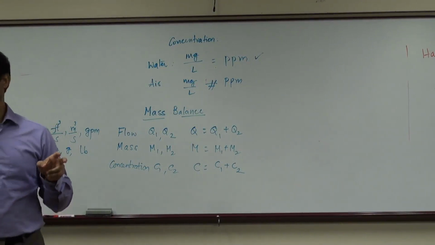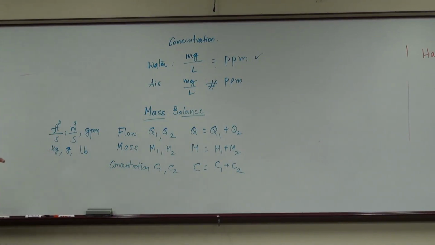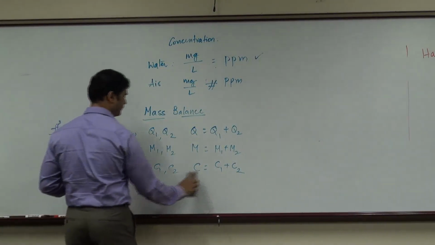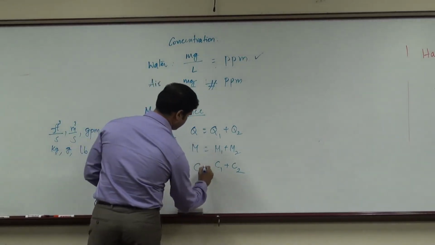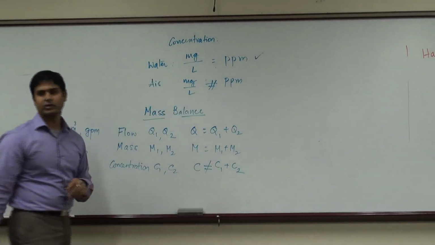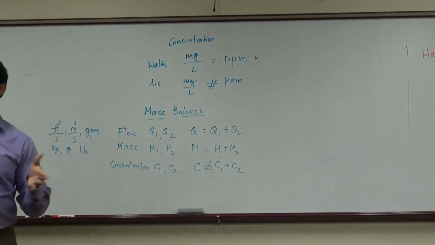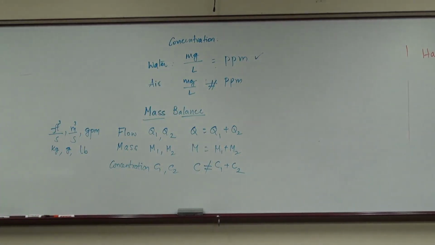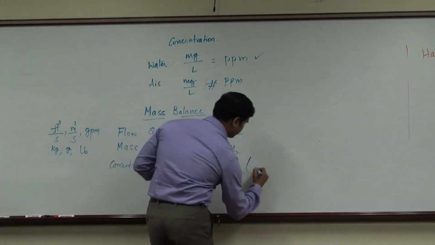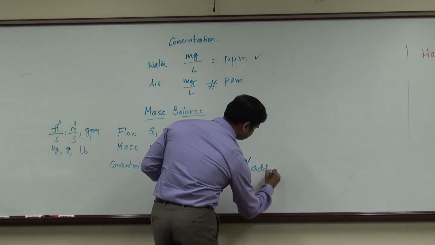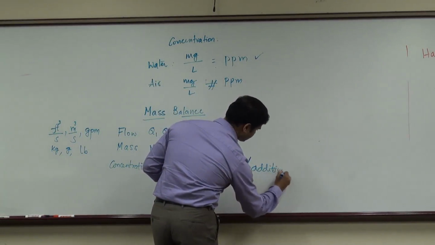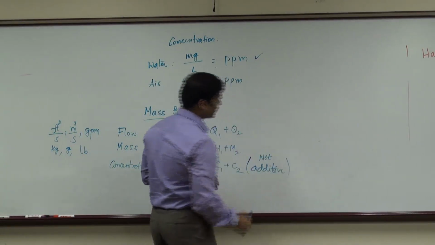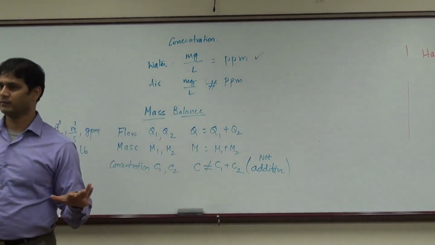Why is that so? You cannot do that, unless your flows are the same, but your concentration is not additive. I just need to tell you that. That much is enough. Concentrations are not additive.